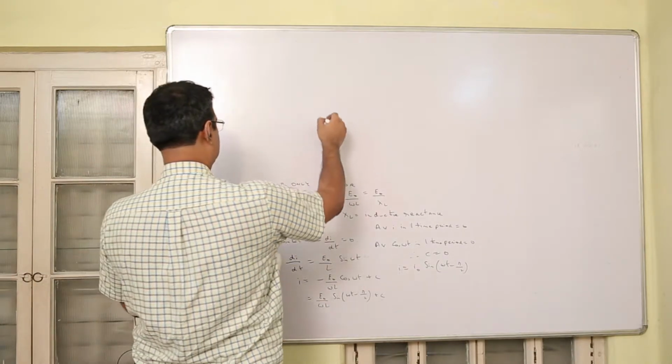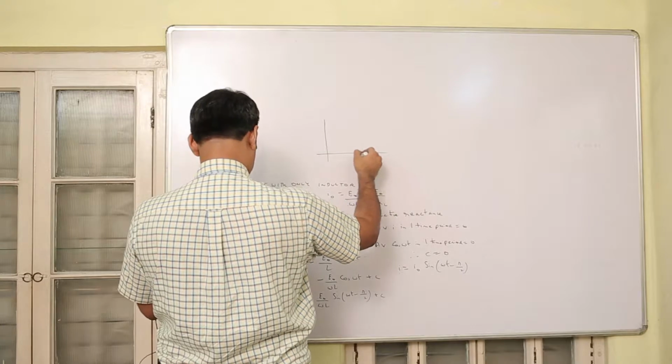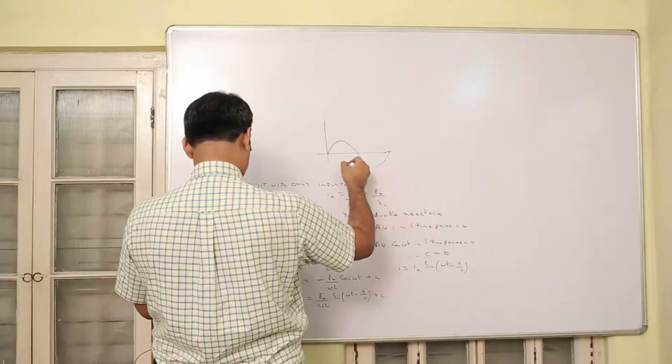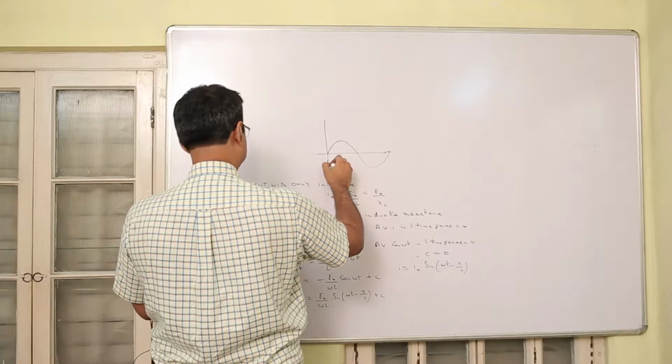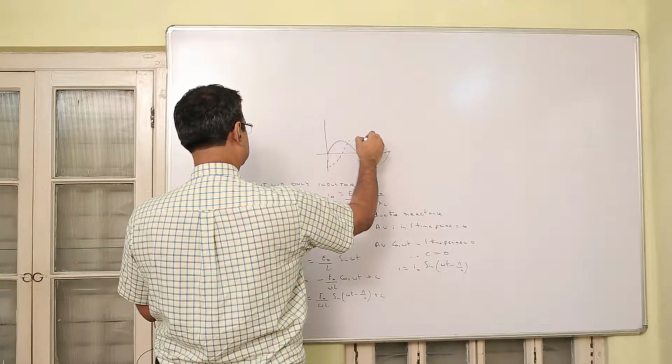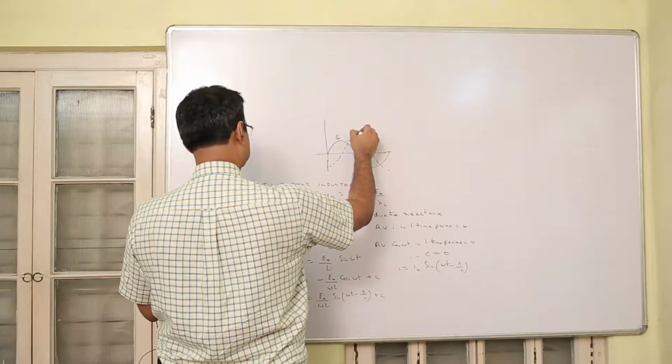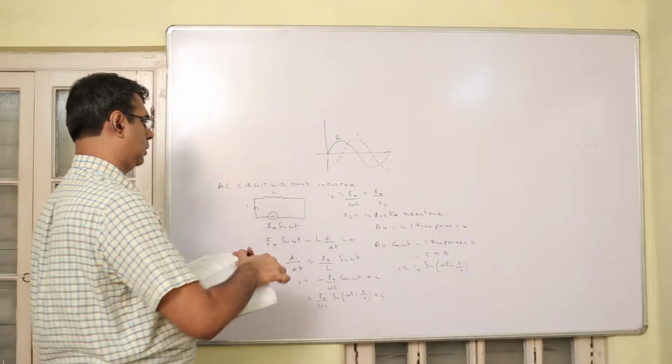Now if you try to graph the voltage and the current together, this is how it will look.